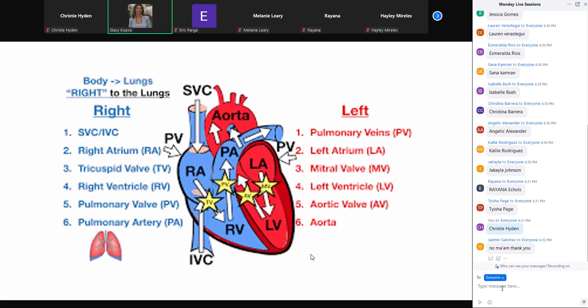I know you've covered this already, but you want to make sure that you do understand the blood flow of the heart. That will help you in answering any questions or talking about line placements, where things are located, and how the blood is flowing.